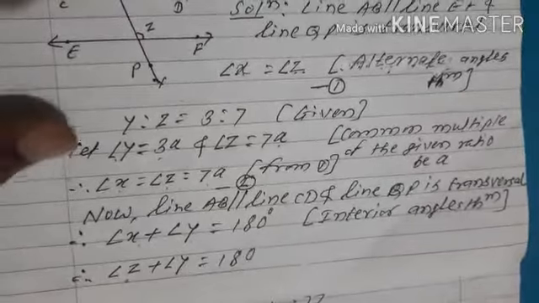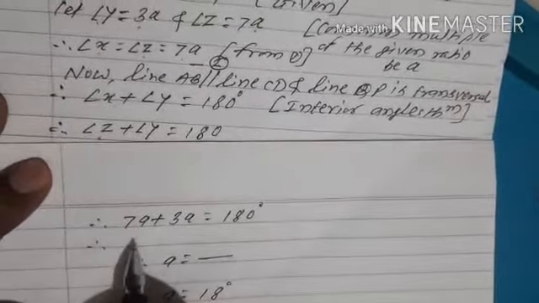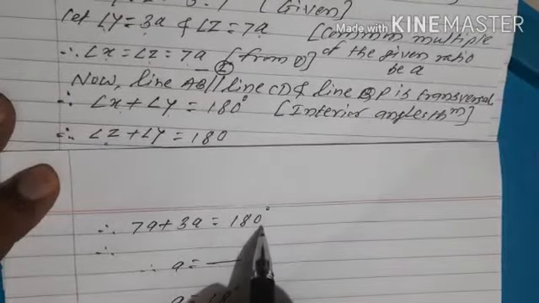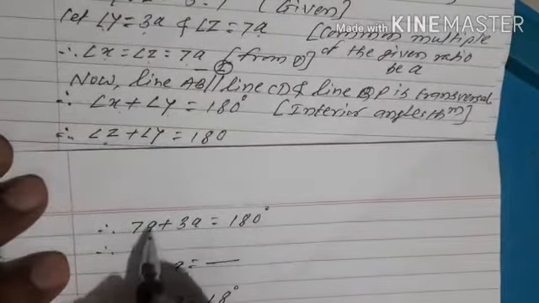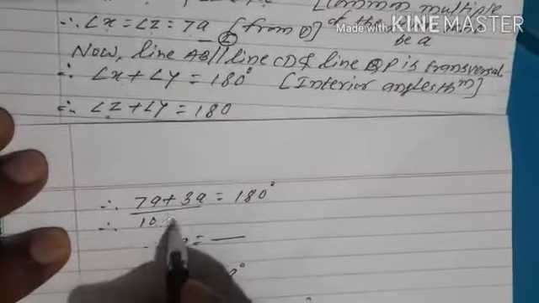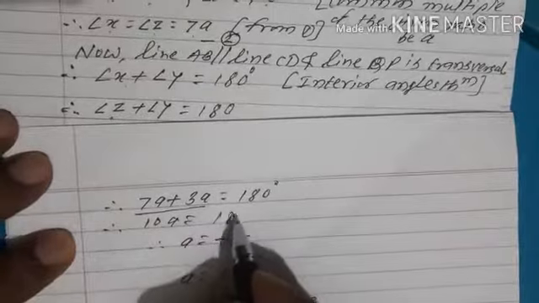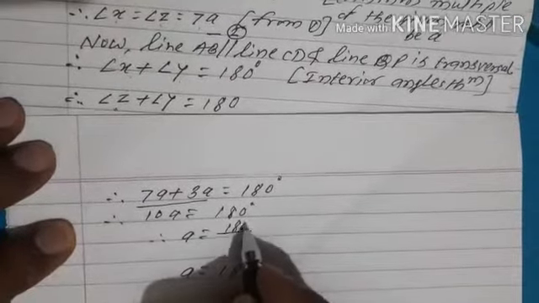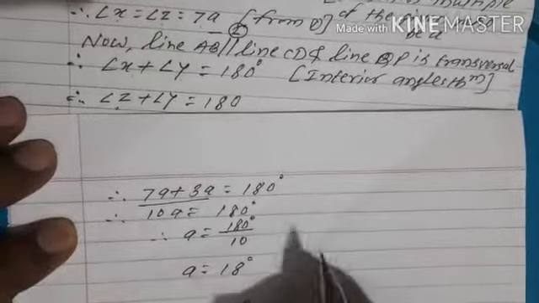Now I substitute the values. Angle Z is 7a plus angle Y 3a is equal to 180 degrees. Therefore the sum of both, 7a plus 3a, 10a, is equal to 180 degrees. Therefore a is equal to 180 degrees divided by 10.